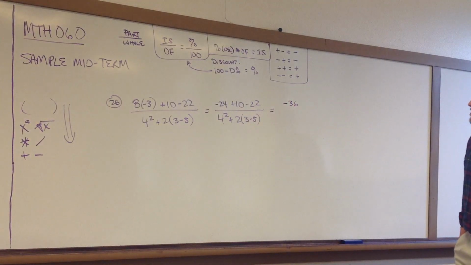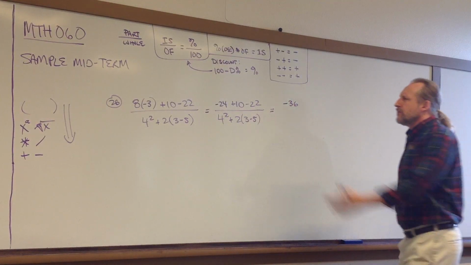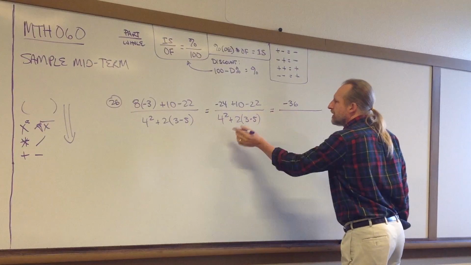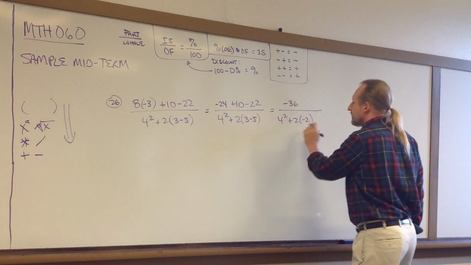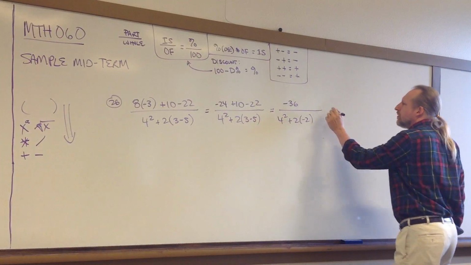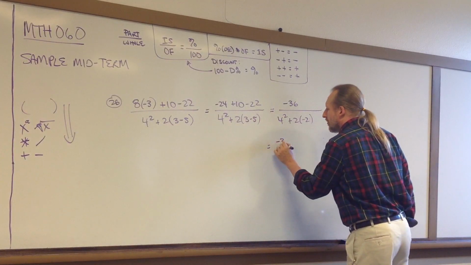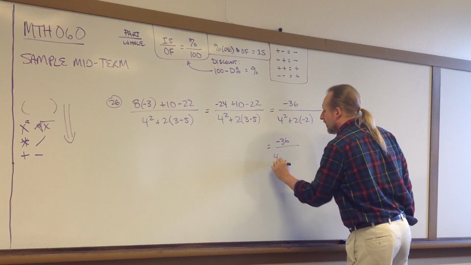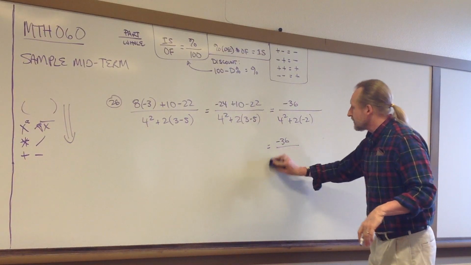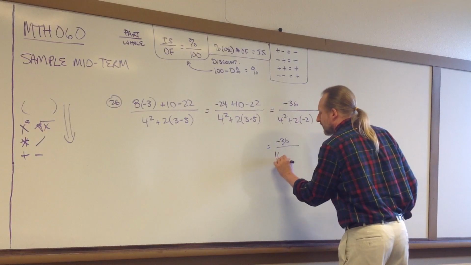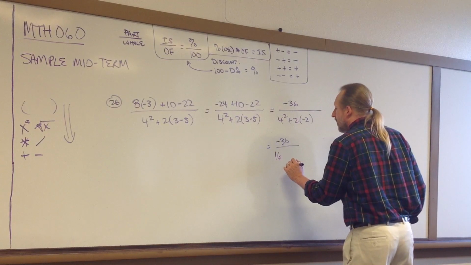Okay. All right. Then, just what I was talking about a minute ago, let's do the parentheses first. 3 minus 5 is negative 2. And then we'll have 4 squared. Well, actually, now that I've done the parentheses, let's go ahead and do that exponent. 4 squared is 16.